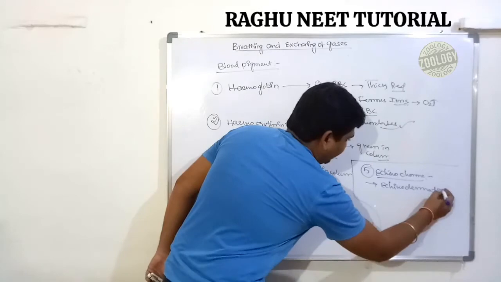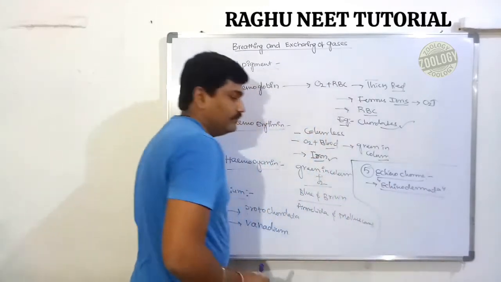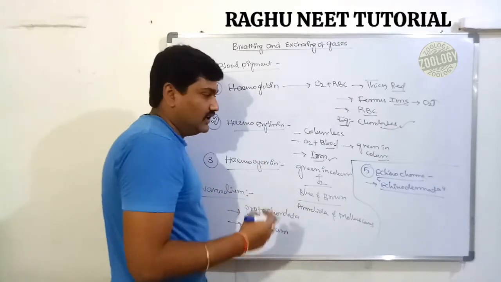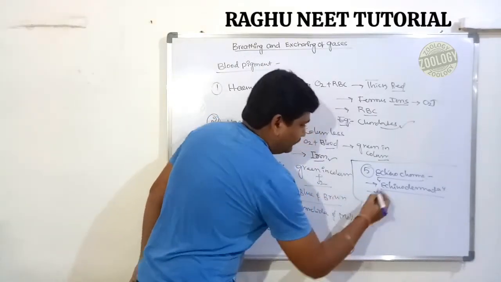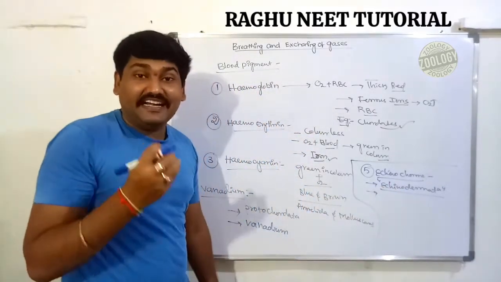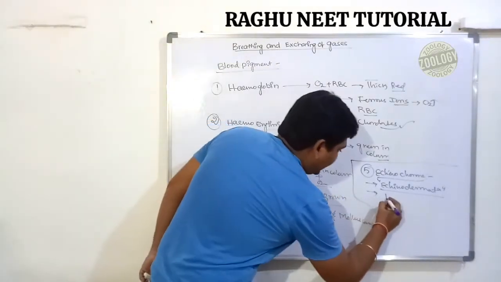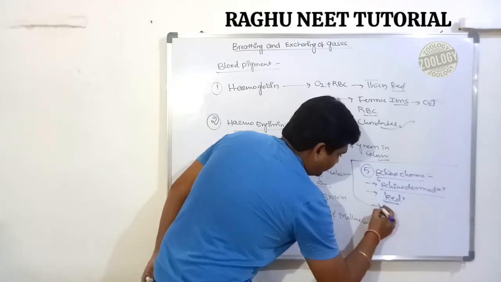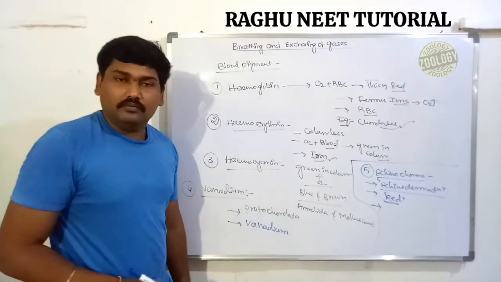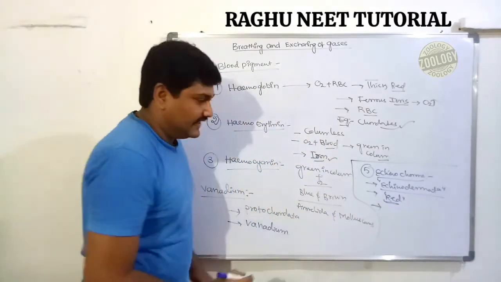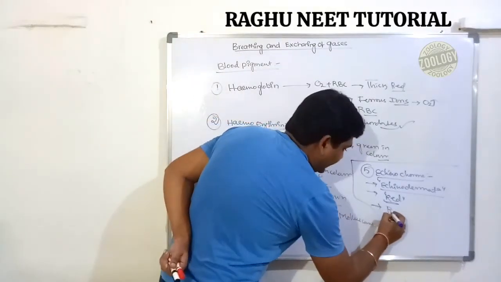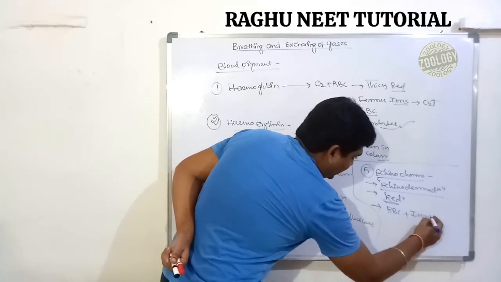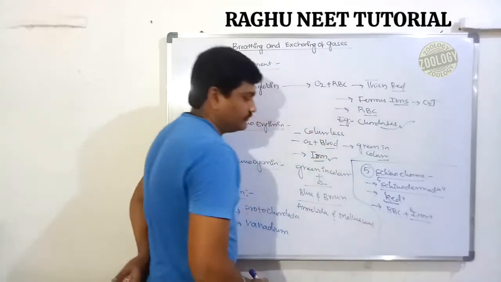The echinochrome is red in color. The metal base of the echinochrome is iron.